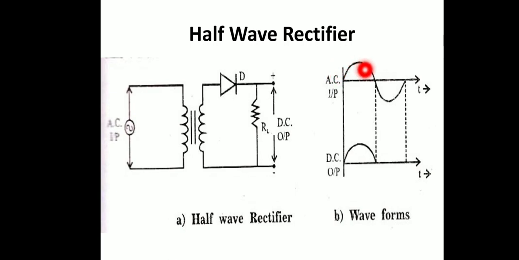This is the sinusoidal waveform. Whereas the DC current is represented by a straight line. This straight line is called DC. Not this waveform, only a straight line means the DC output.